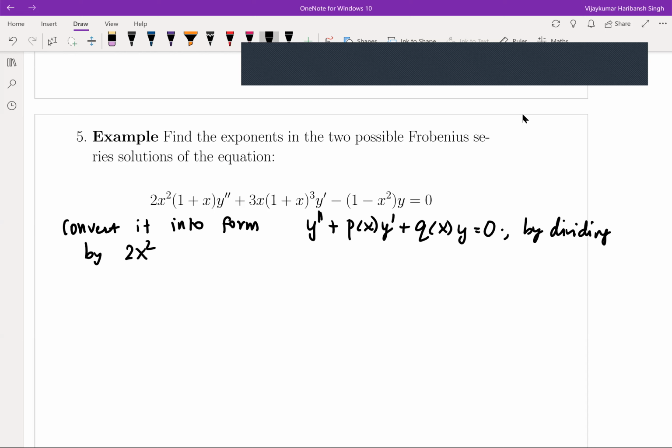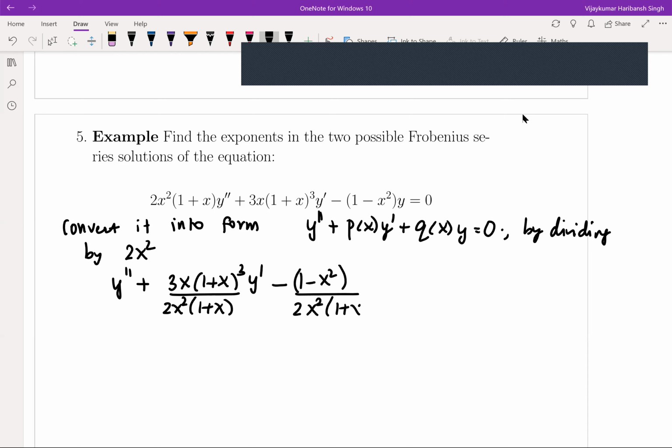So we get y double prime plus 3x(1 plus x cubed) y prime upon 2x squared into (1 plus x), minus (1 minus x squared) divided by 2x squared (1 plus x) y equals 0. Now we need to check: is x equals 0 a regular singular point?